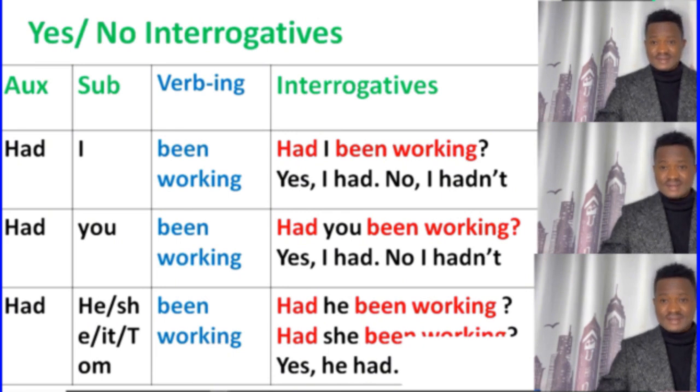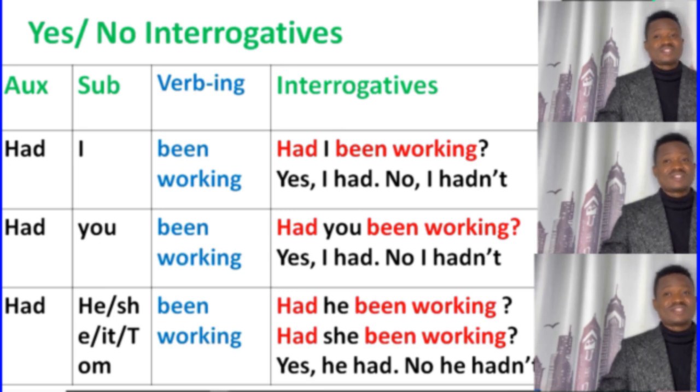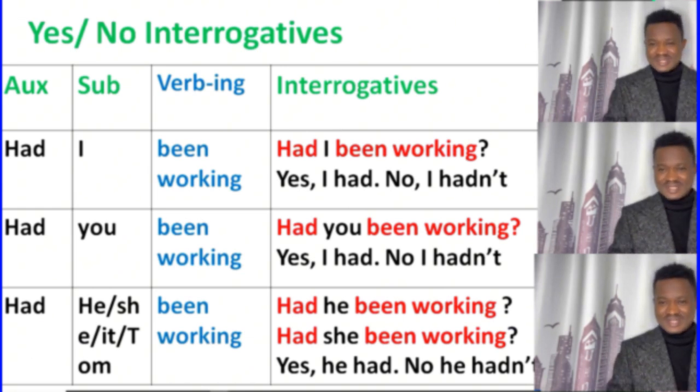Yes, he had. Yes, she had. Yes, it had. The negative is going to be what? No, he hadn't. No, she hadn't. No, it hadn't. No, Tommy hadn't. But most of the time we use the pronouns. We don't use the noun there.